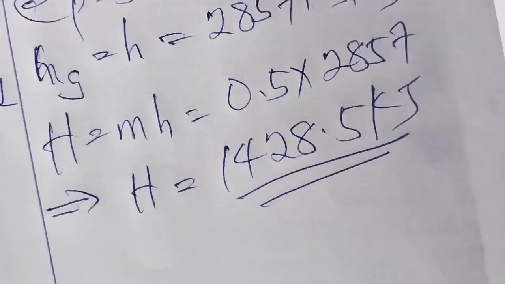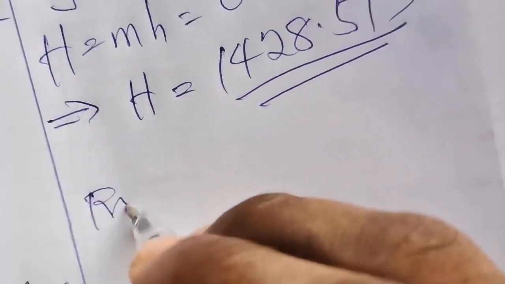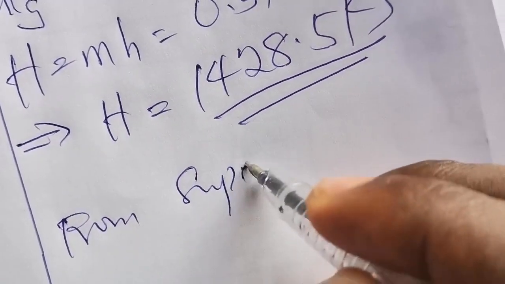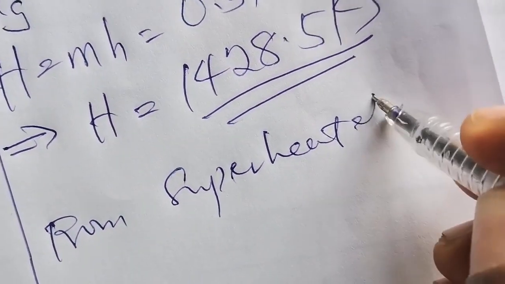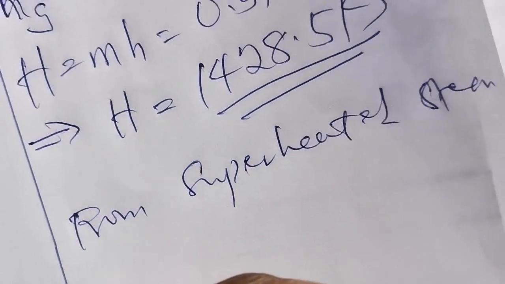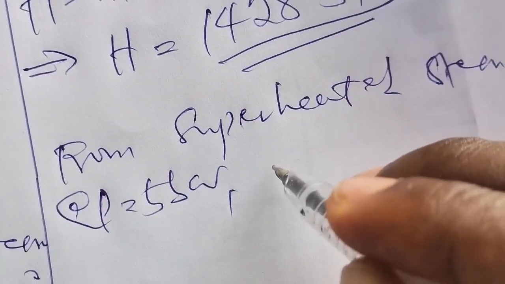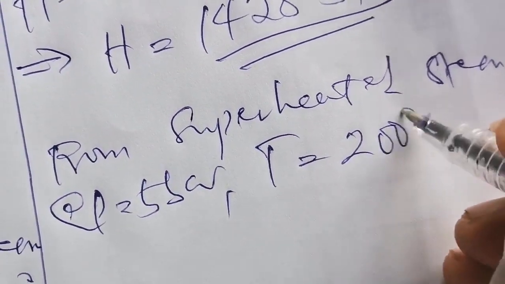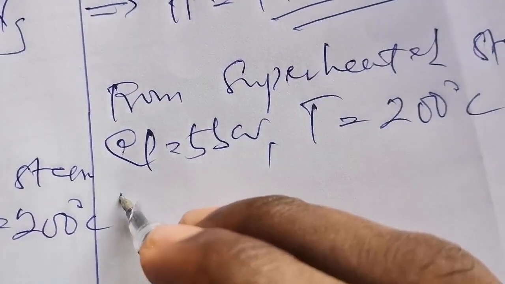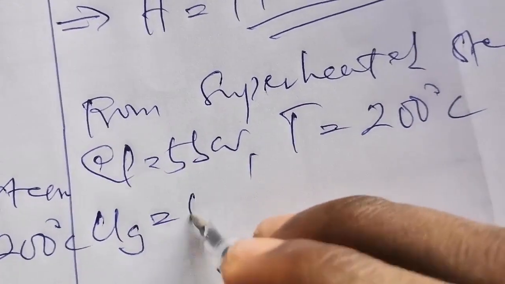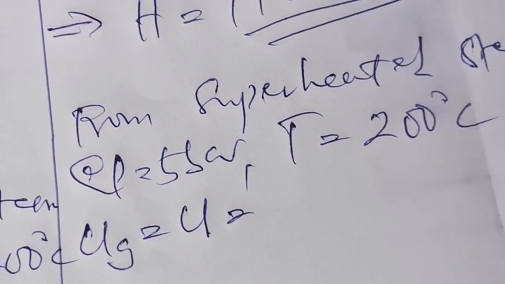Next is internal energy. Still the same theory from superheated steam. Corresponding to the given pressure of 5 bar and temperature of 200 degrees Celsius, we obtain the value of Ug, which is the specific internal energy.